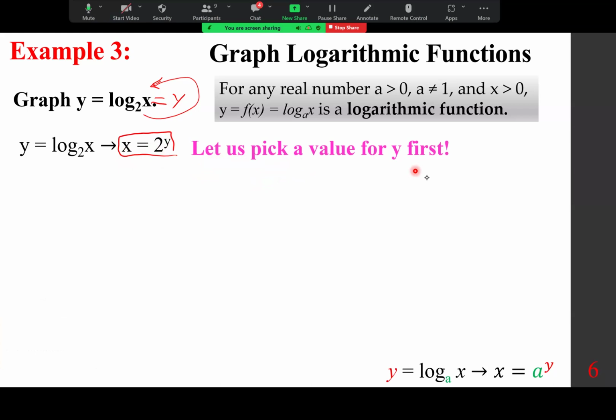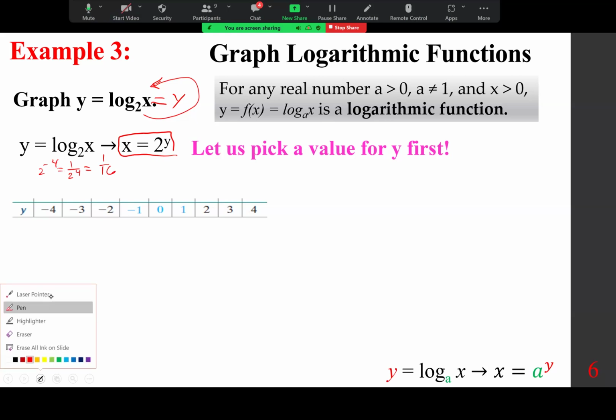Let's pick up a few values. We're going to go from -4 to 4, easy numbers. For example, -4, it means 2 to the power of -4, just as an example, is 1 over 16.